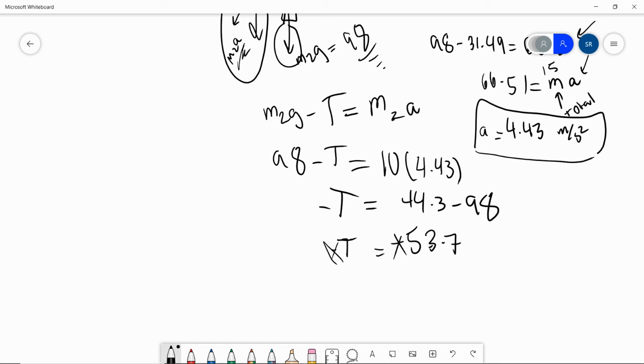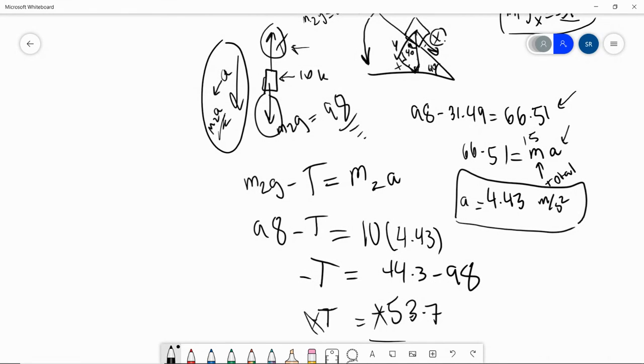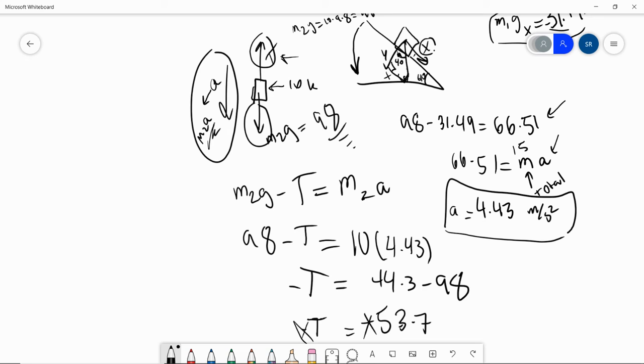Now the tension should not be negative here, and this means that we made some sort of mistake with the signs as we were going through this problem. To figure out where we went wrong, we would have to trace our steps and see what happened. So T, we gave it a negative sign, which is good.